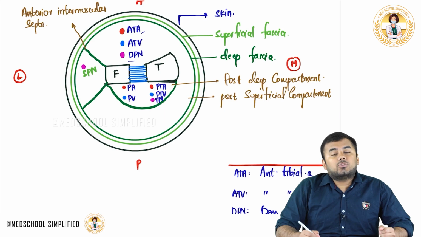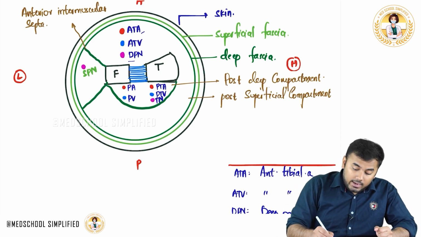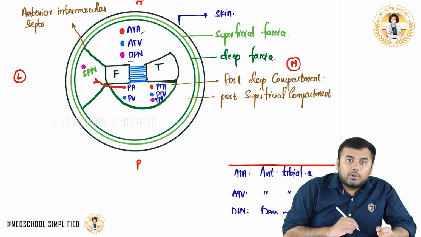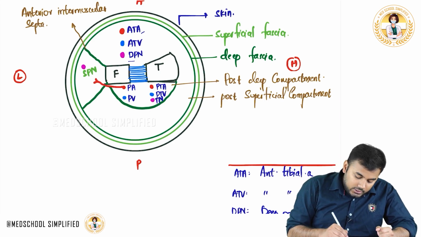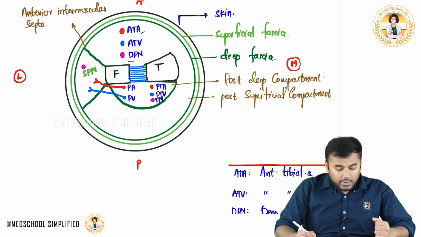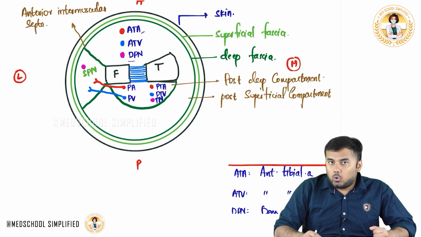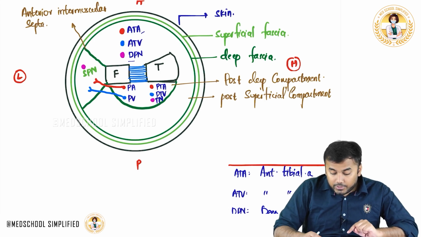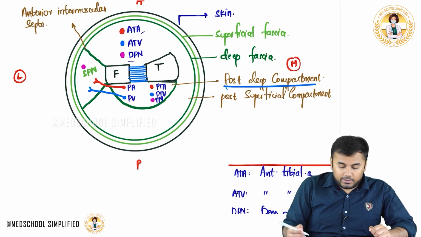Then how are the muscles of the lateral compartment surviving? This peroneal artery itself will supply the lateral compartment, and in the same way this peroneal vein serves the lateral compartment. So the lateral compartment by itself has only the superficial peroneal nerve, but the arterial and venous supply comes right from the posterior deep compartment.